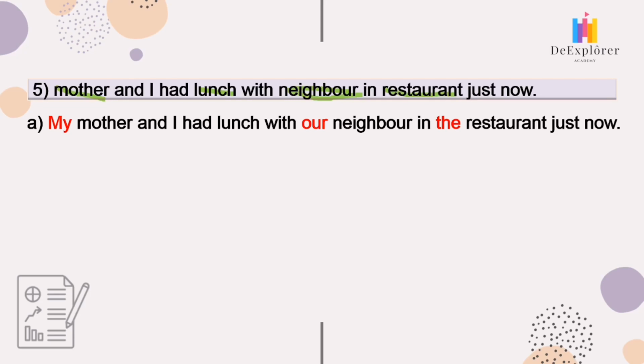Okay, 就是吃午餐, 吃晚餐, had breakfast, had lunch, had supper, had dinner. You don't see an article or a quantifier or a determiner. Okay, 就是不用放的，就是这些 lunch 啊 breakfast 啊 okay, dinner, you don't need to have an article there. Okay, then our neighbor, 我们的邻居 where? In the restaurant. You can also say in a restaurant, so it's not wrong. Okay, so that's for sentence 5.